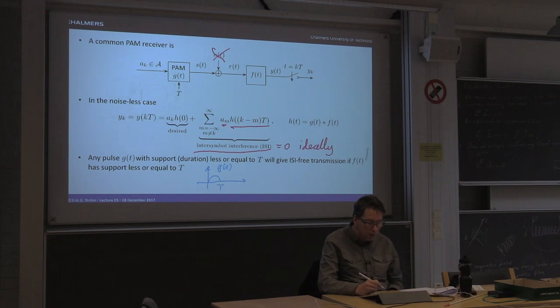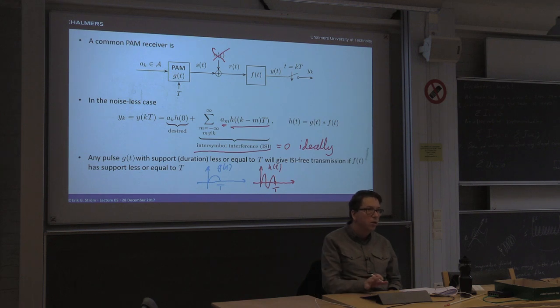And then we can pick F to be something which is also time limited to T, and it really doesn't matter what it looks like, something like this, for instance. This is not a very good choice at all, but at least it will not give you intersymbol interference.